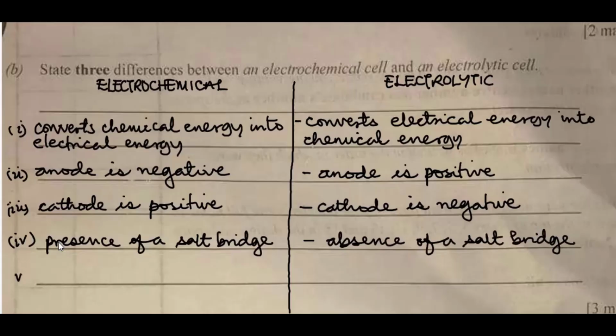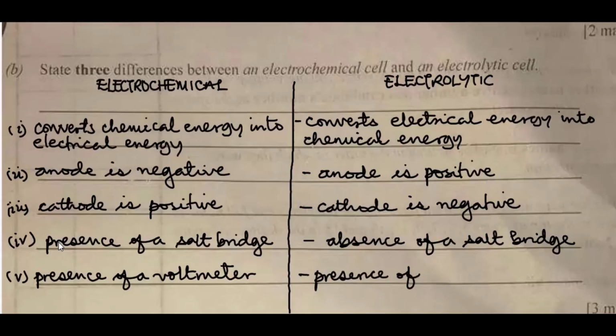In the electrochemical cell, we make use of a voltmeter to measure the potential difference, whereas in the electrolytic cell, we make use of a DC, direct current power supply.